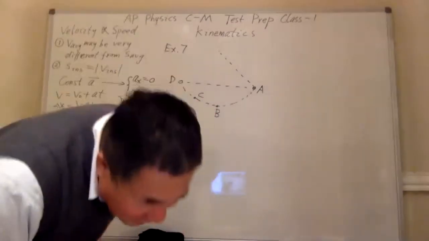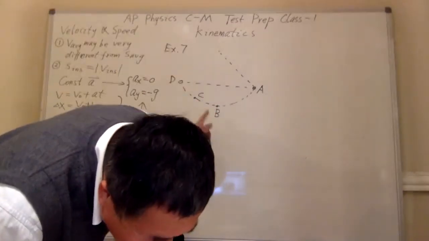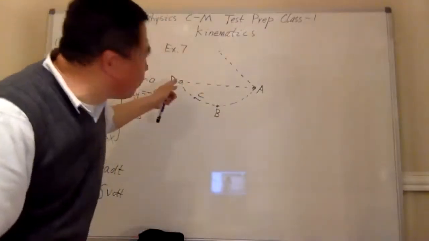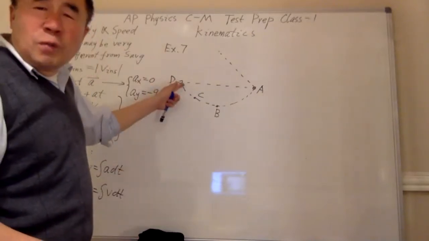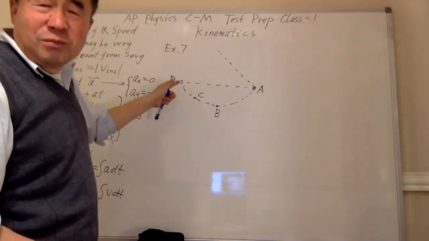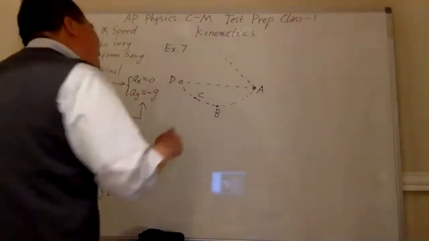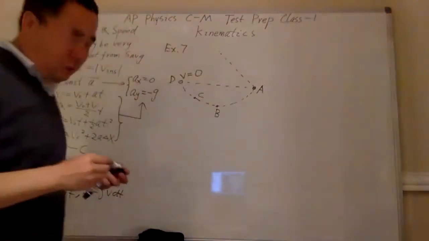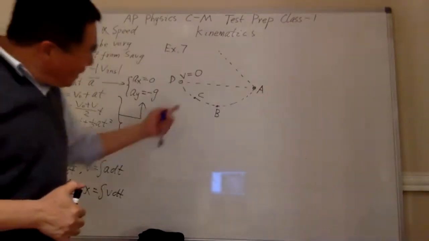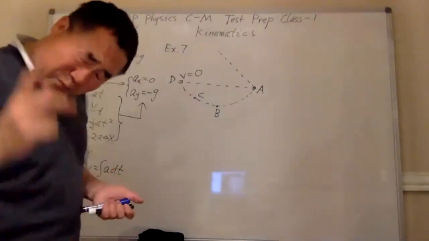If point B, what happened? And if point D, what happened? Point D, remember, is the maximum height, so the velocity there equals 0.